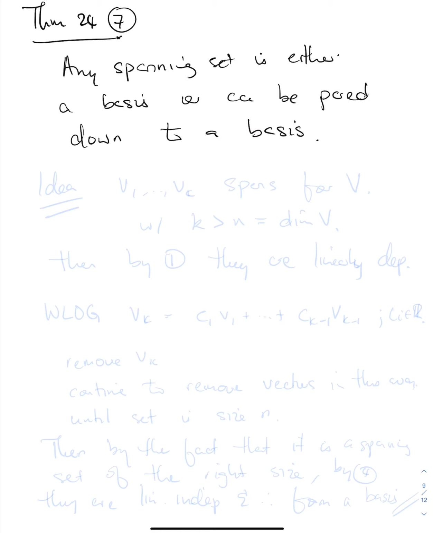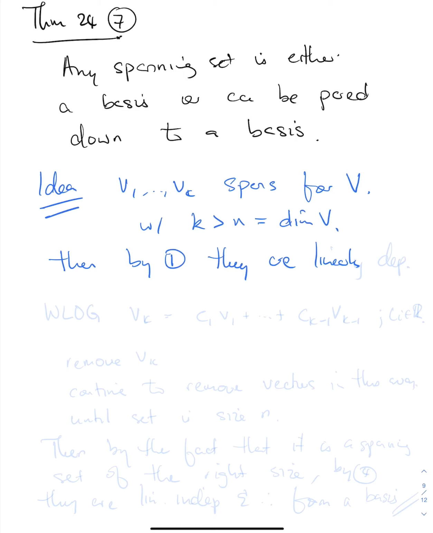In other words, any spanning set contains a basis somewhere in there. Here's the idea for why this might be true. Say V1 through Vk is a spanning set for a vector space V, with k strictly greater than n, where remember, n is the dimension of V. Then, by 1, they are linearly dependent.